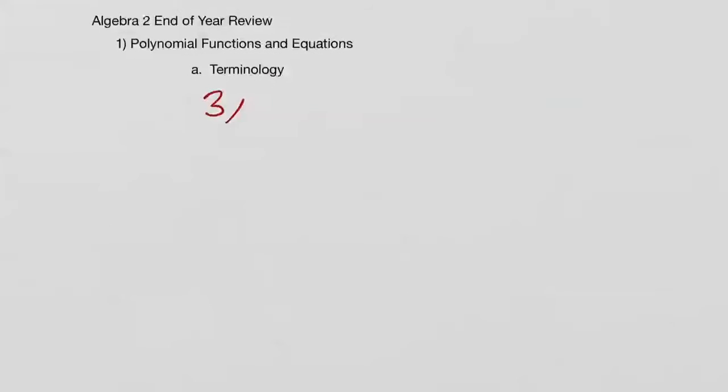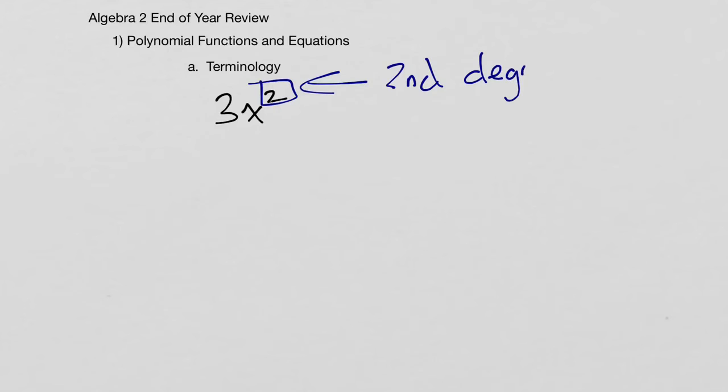So for instance, if you have something like 3x squared, the part that we're looking for to find the degree is that 2 right there. And because it's a 2 up there, we call that second degree.